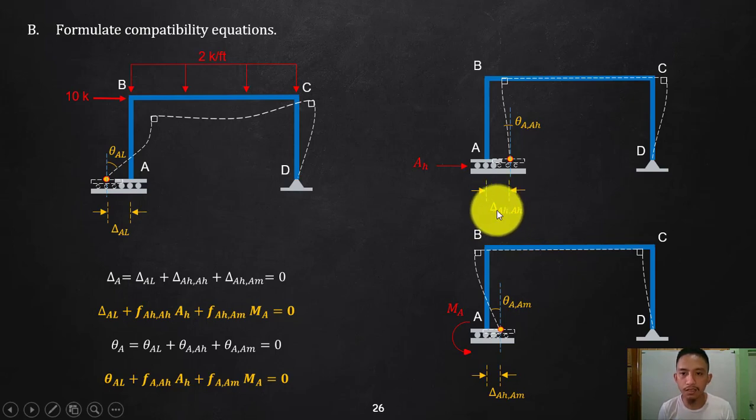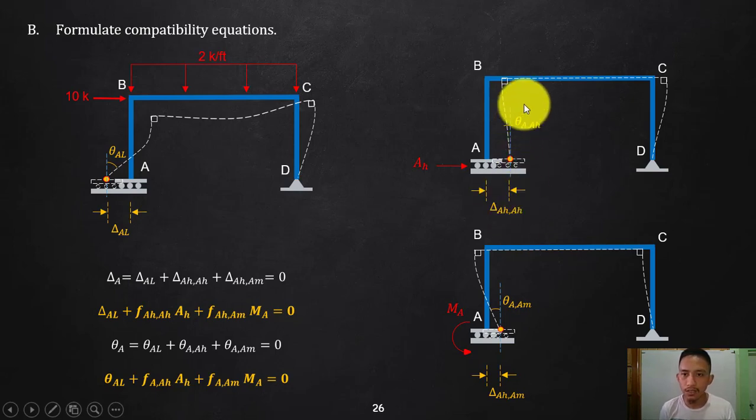Later on, if that will be AV, that means deflection at A vertically. And what is that other AH there? Due to our redundant, which is the horizontal force at A. So that is the horizontal deflection at point A due to the redundant horizontal at A.